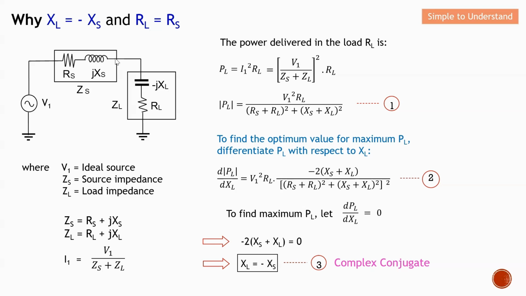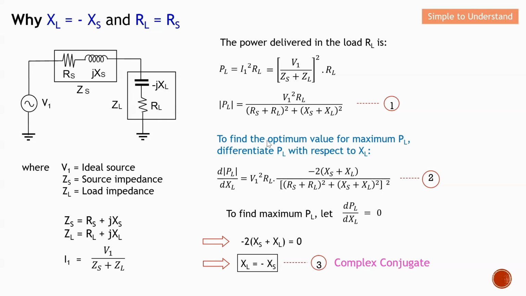The current, which I computed earlier, is I1, and RL is the resistor value. As I mentioned earlier, I1 is equal to V1 divided by ZS plus ZL. So this is I1, and keep in mind there is a square term multiplied by RL. I open up this term here, and this is the outcome of the power delivered to the load resistor RL.